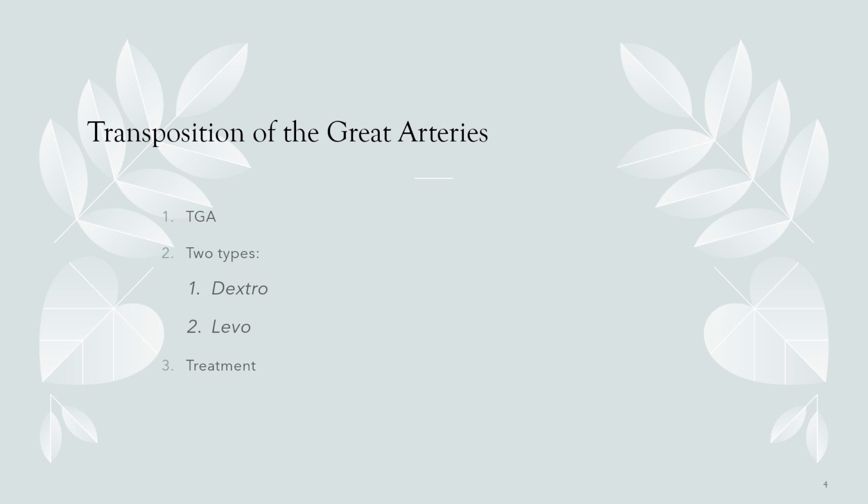So these shunts must be maintained and kept open with prostaglandin, which is a hormone-like substance that affects several bodily functions. And the signs and symptoms depend on the degree of the intermixing of blood. The patient will show either minimal cyanosis or intense blue coloring.